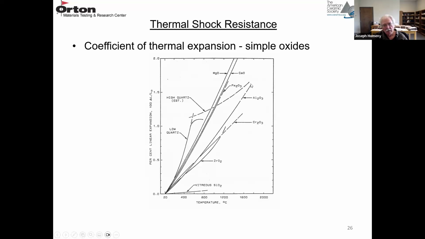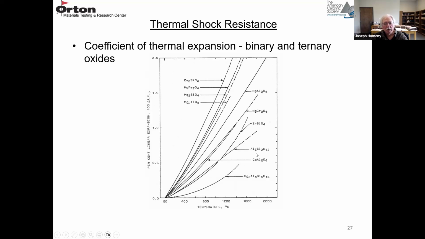And then alumina is a little bit lower than MgO. Chrome oxide is a little bit lower than alumina. And zirconia is a little bit lower than alumina. So those are expansions for simple oxides. None of them are really that low.